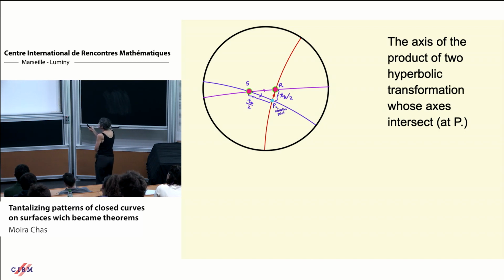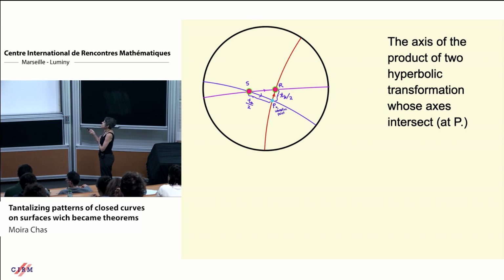So to do this, this is my intersection point P, and I'm trying to do blue times red. I'm going to mark a point from P going backwards. Remember, the axes are oriented.